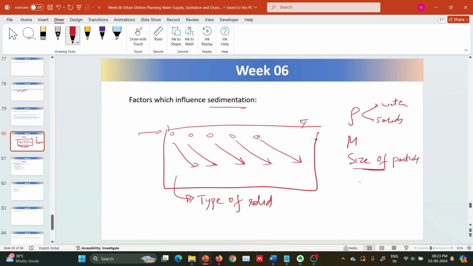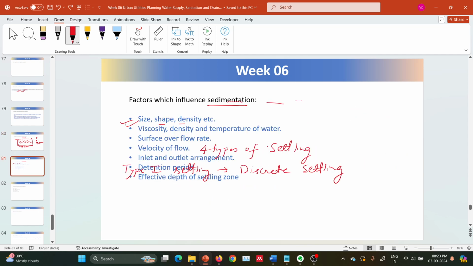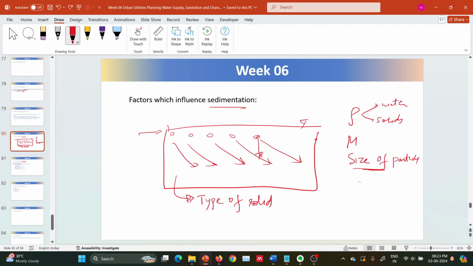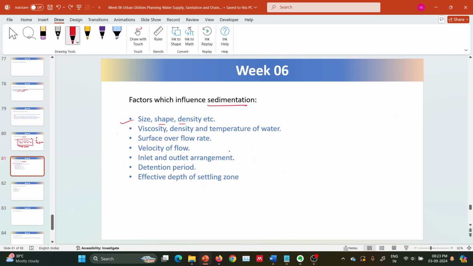Because if the density is more, then only it can settle. Otherwise, it will not settle. Also viscosity, density, and temperature of water.